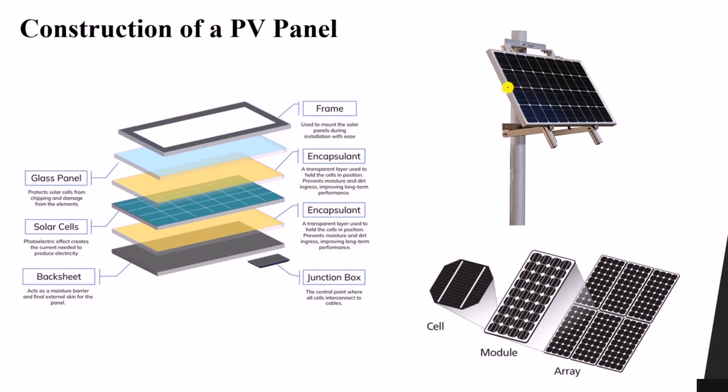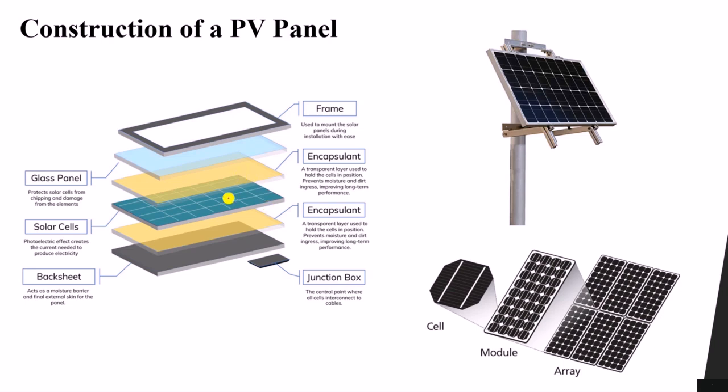So let's see what the construction of a PV panel is. A PV panel, as you can see here, consists of all of these components. We have a frame, which is used to mount the solar panels during installation. We have the glass panel here, which is used to protect the solar cells from damage.